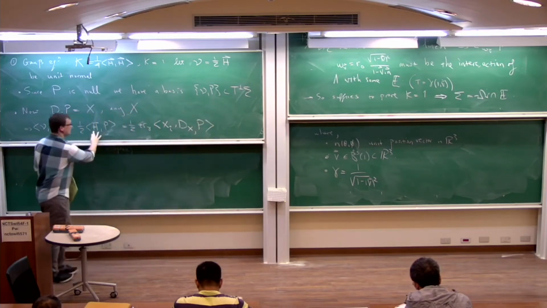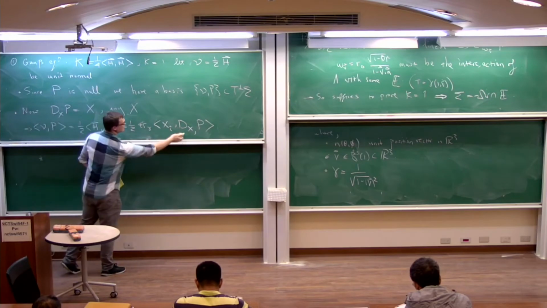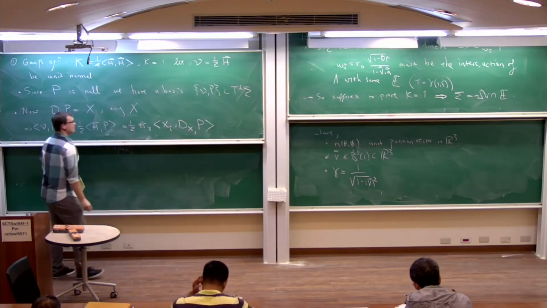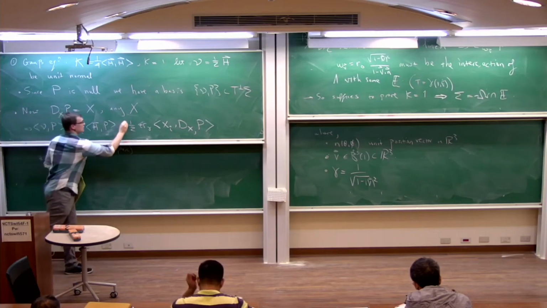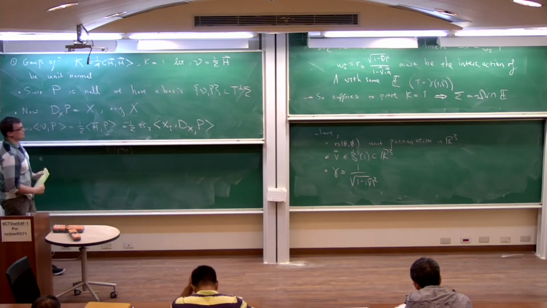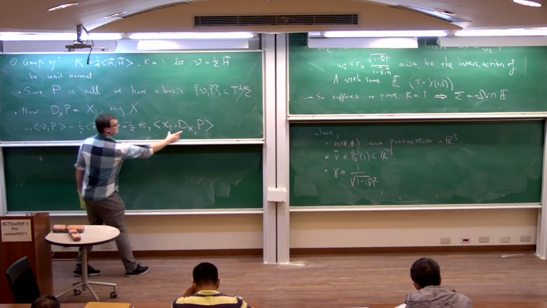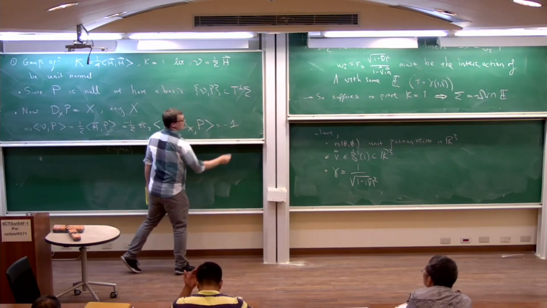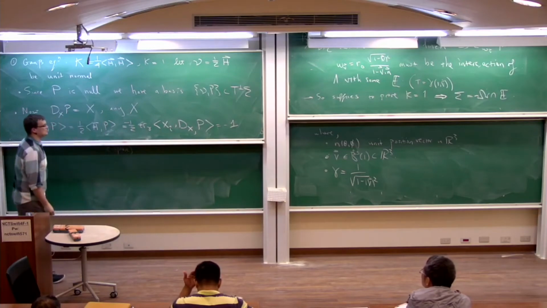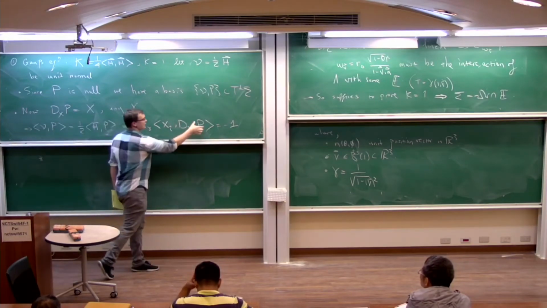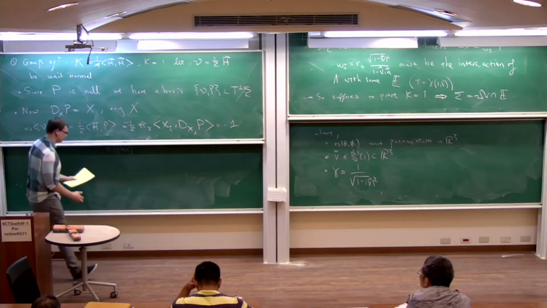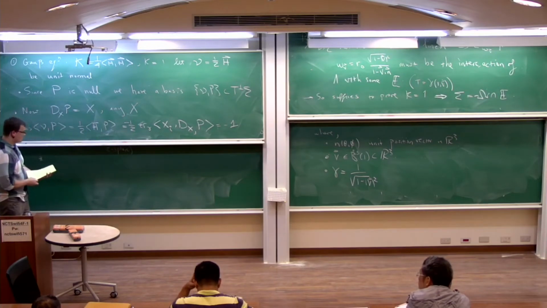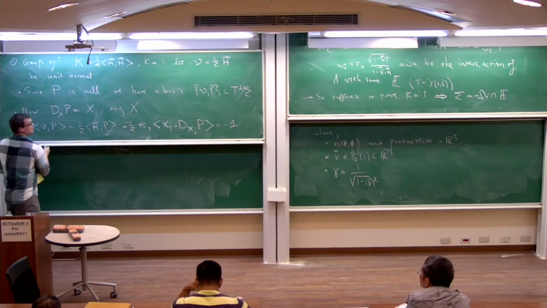Remember, mean curvature is the trace of d_xi d_xj, so I can pull that over to the right-hand side because this is tangent and that is normal, and then I introduce a negative sign in the process. But this is just x_j, so this is exactly -1, because it's the trace of the metric. d_xj p is just x_j, take a trace, you get -2. You get 2 divided by -1, you get -1.